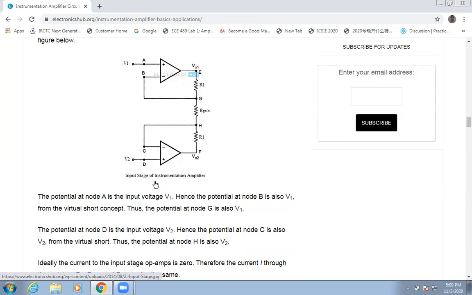Similarly, the potential at node D is V2, hence the potential at node C is also V2, which is again due to virtual ground. Thus, the potential at node H is V2. Now we can say the potential at G is V1 and the potential at node H is V2.